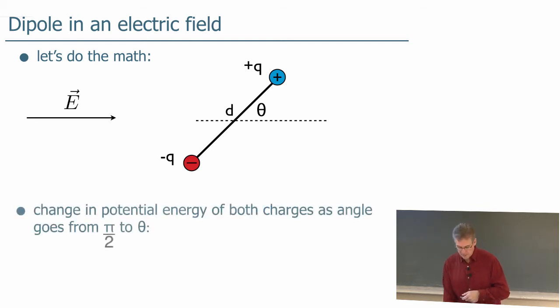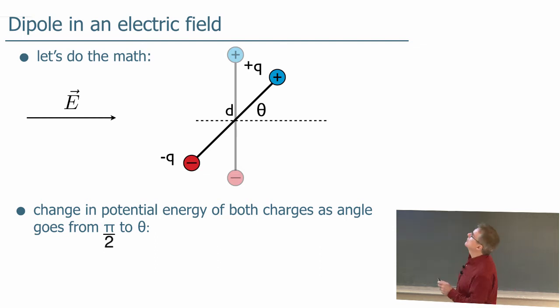And we want to ask how the electric potential energy changes when the dipole goes initially from being transverse to the electric field direction to an angle theta. So in other words, we're going from theta equals pi over 2 to some value theta.